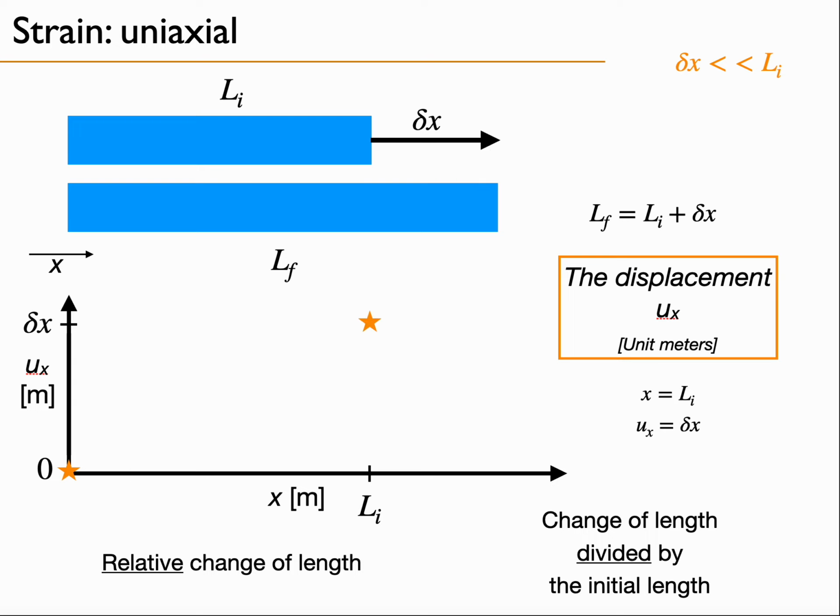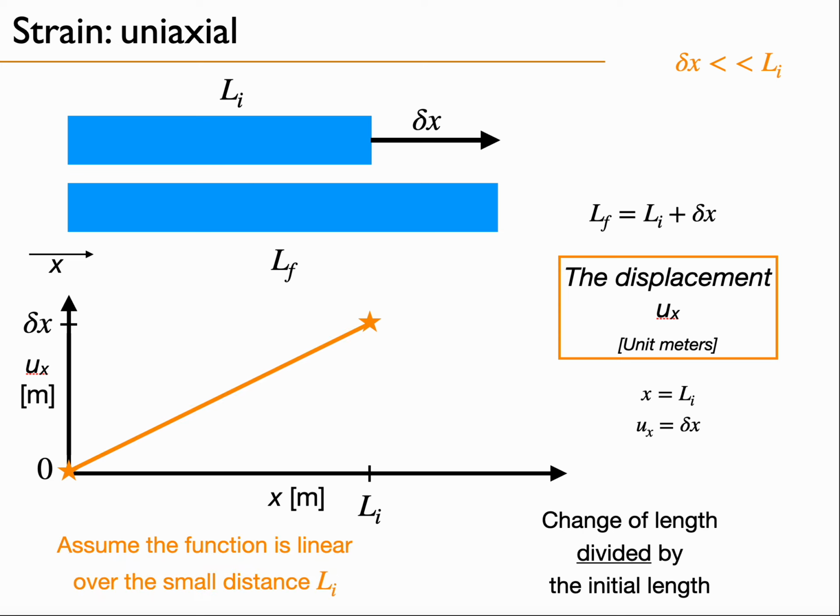So the maximum displacement located at Li in the original dimension is located here at the end. Now we will make the assumption that the displacement is a linear function, so it's distributed linearly along the bar, and that the distance Li is much larger than the displacement delta x, the maximum one.